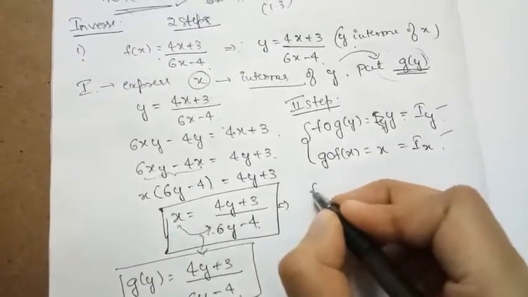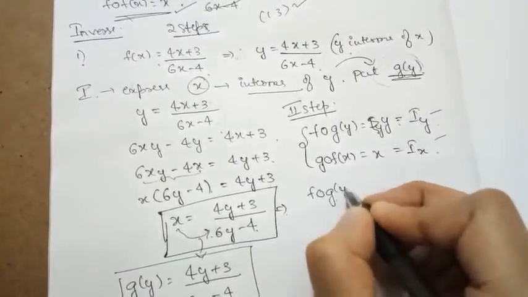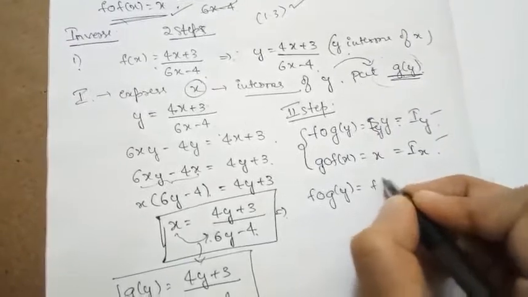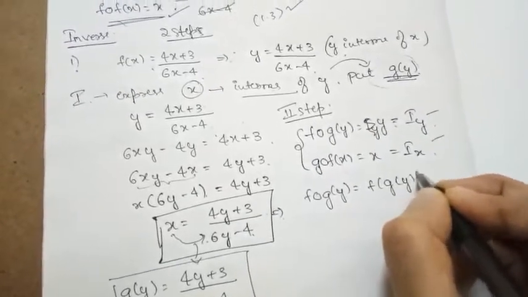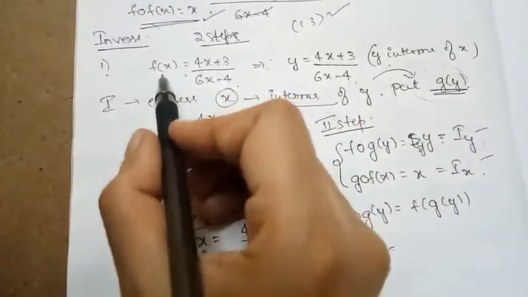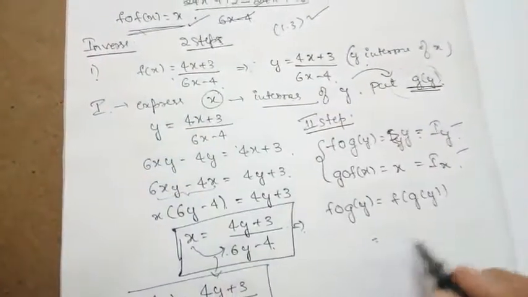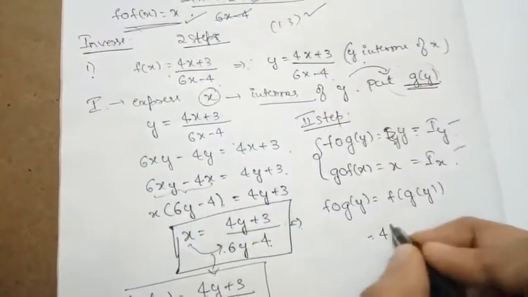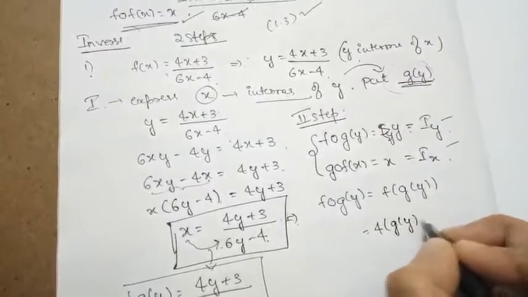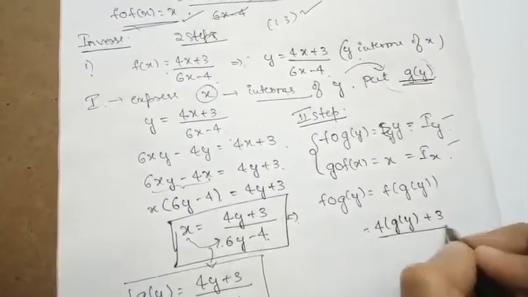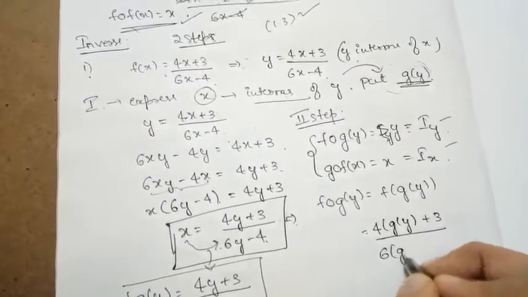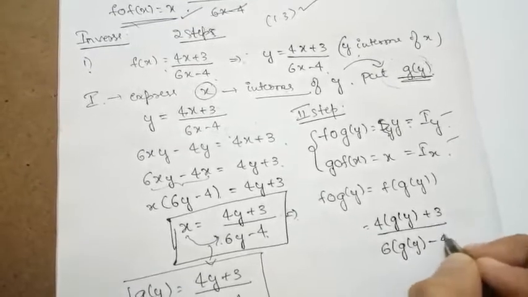So now let us show these two things. That is f of g of y, which is nothing but what? What is f of x? F of x is this one. So f of g of y becomes 4 into g of y plus 3 divided by 6 into g of y minus 4.